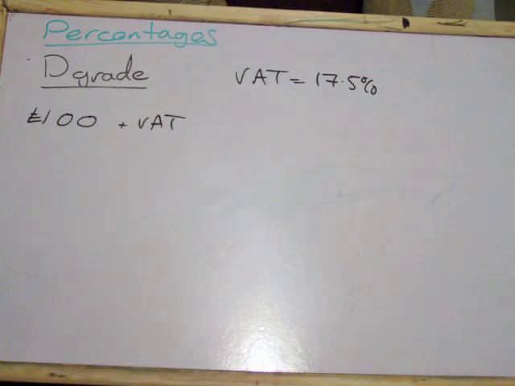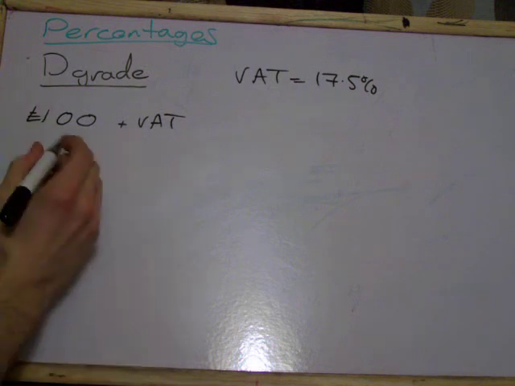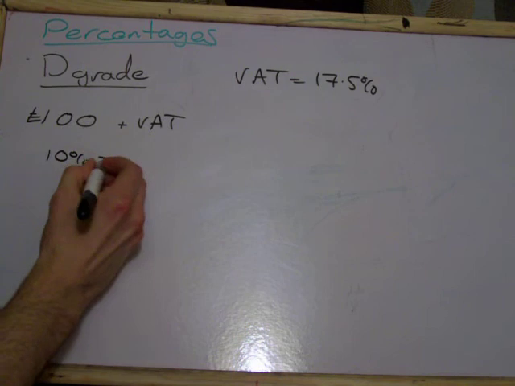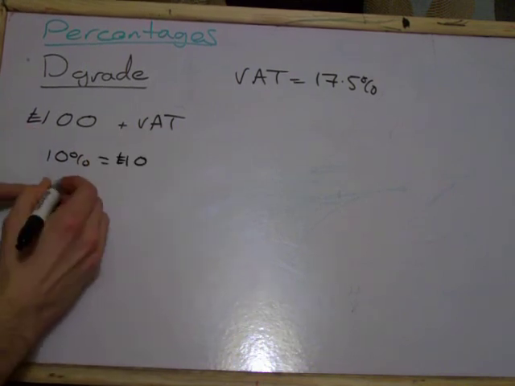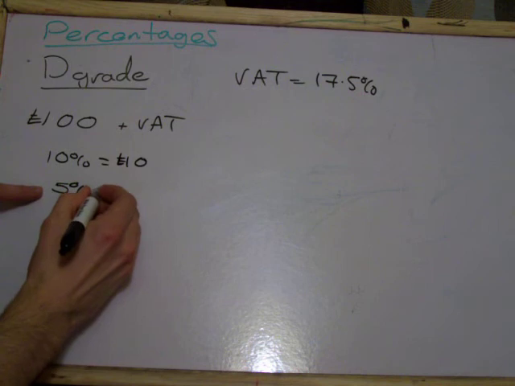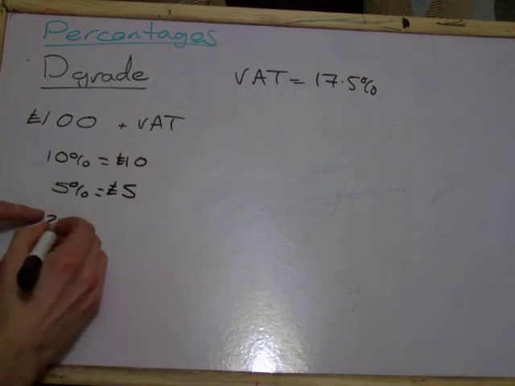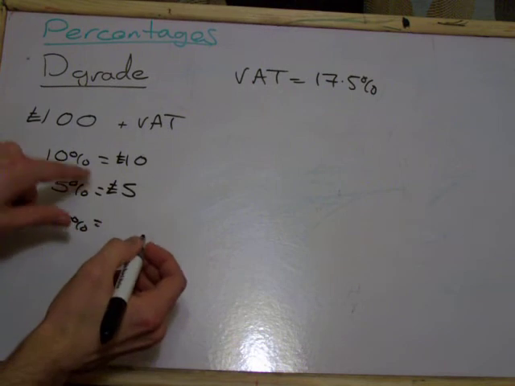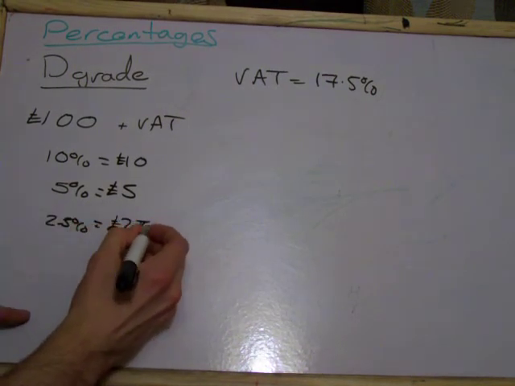Quick and easy way to do it is to say 10% equals 1/10, and here it's £10. Okay, 5% equals half of that, which is going to be £5, and 2.5% is going to be half of that, which is going to be £2.5.